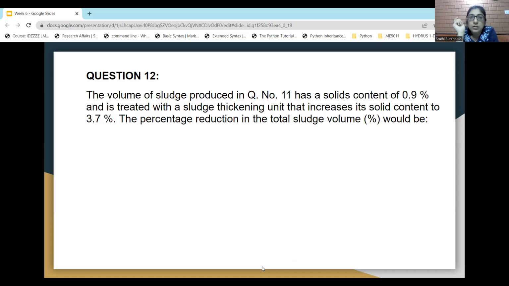Ma'am, sedimentation tank. They had not told the length, breadth, depth. They just gave 3 numbers, so we had to take the breadth and depth. Okay. So when you take the breadth and depth as different numbers, 4 and 4.4 meters, there may be confusion, so you will get different answers.